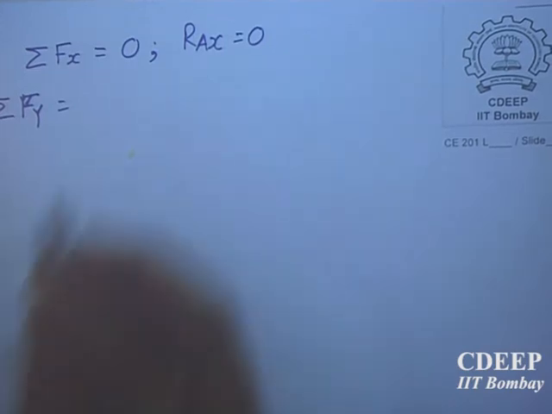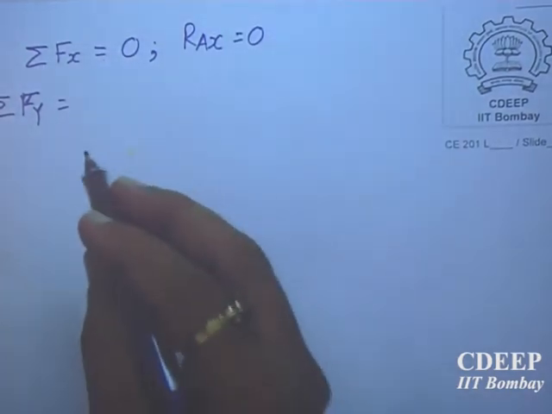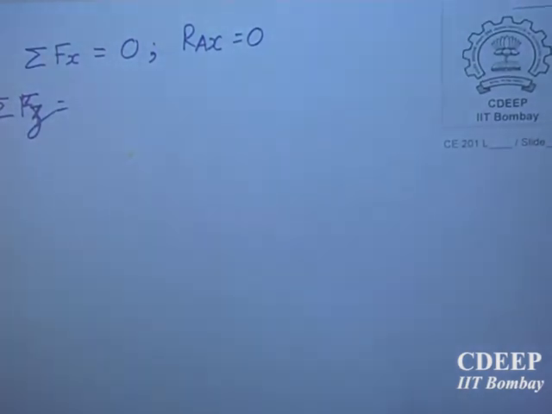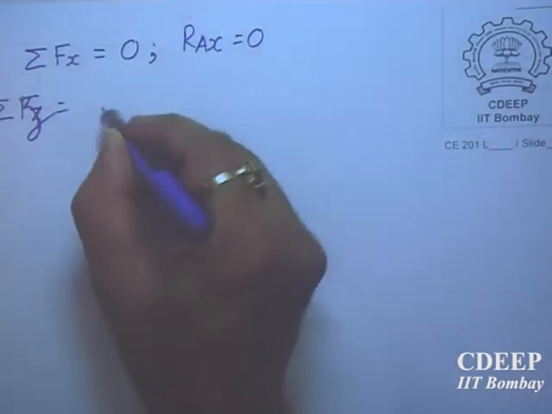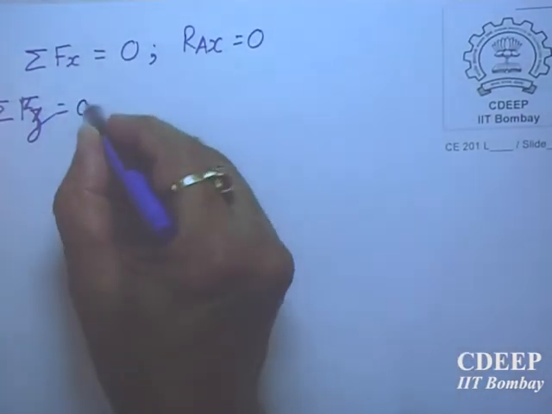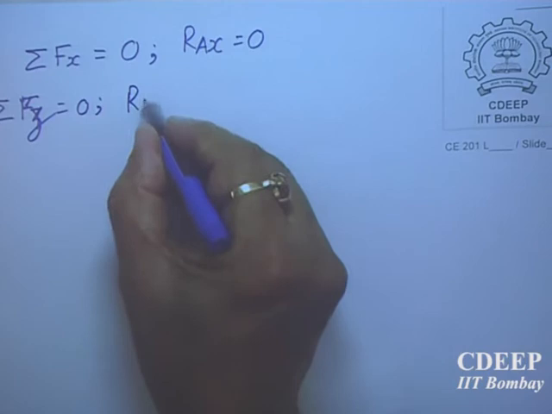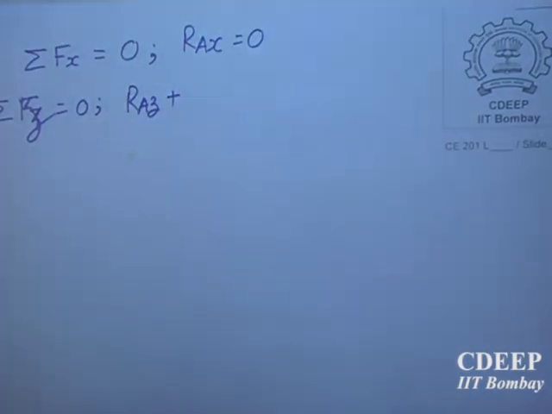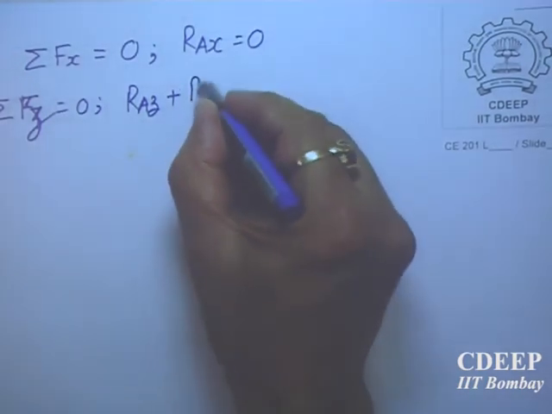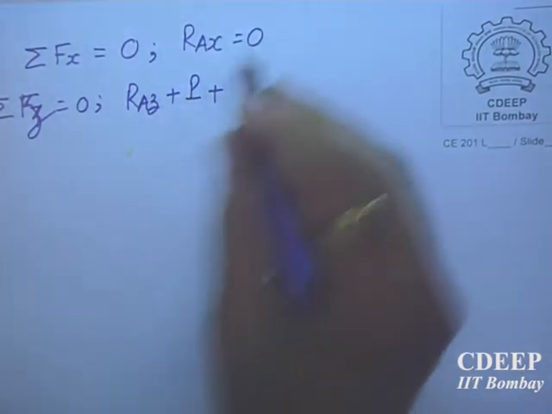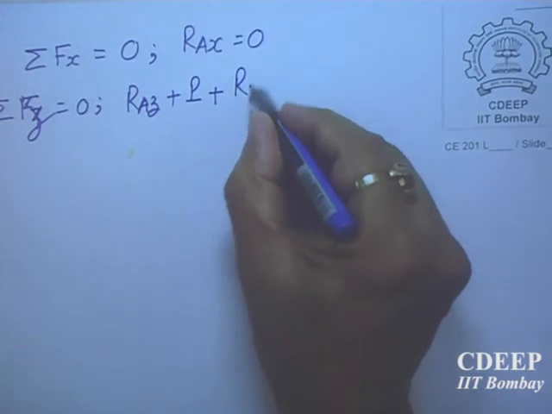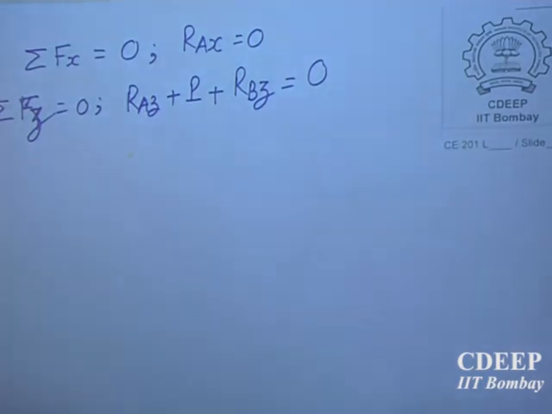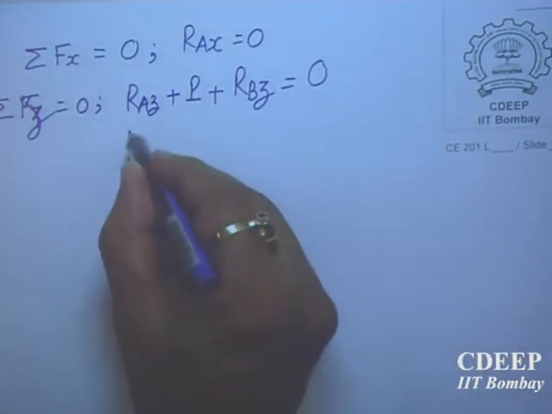Then z, now I am taking the XZ plane. So in z direction, RAZ at point A, plus at C there is a P, plus RBZ equal to 0.